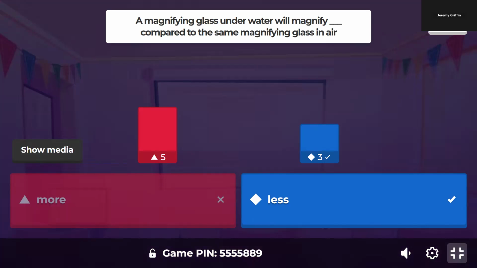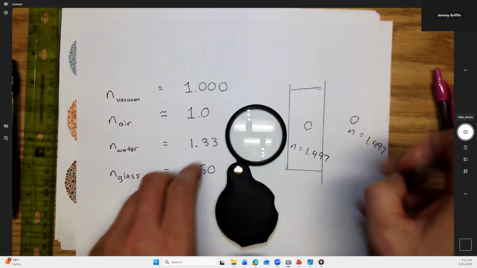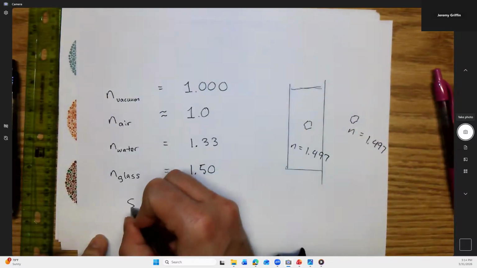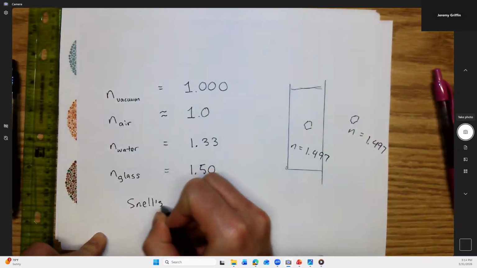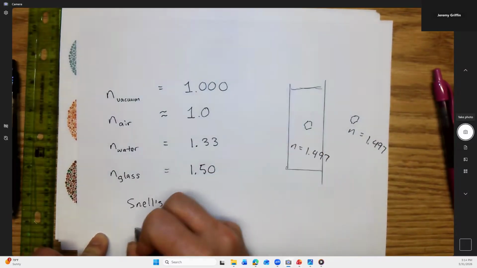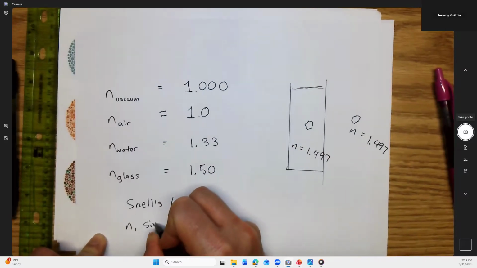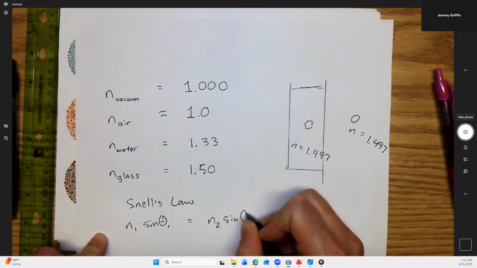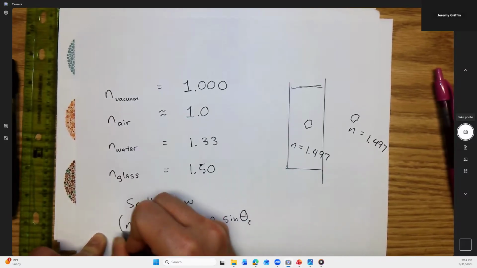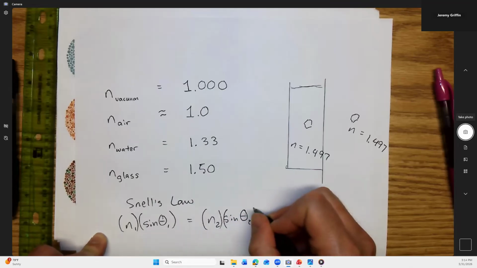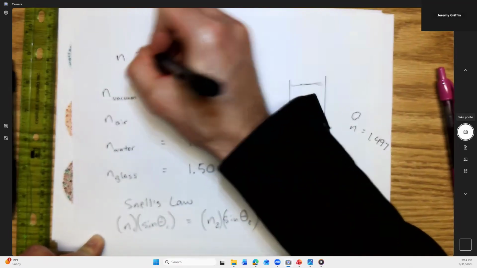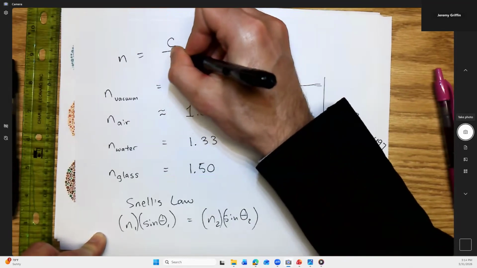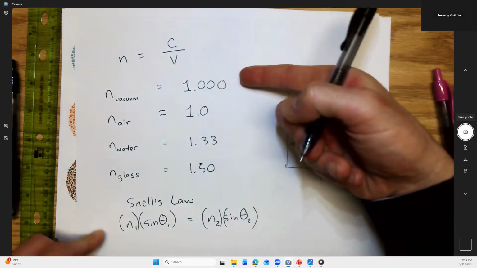It doesn't work as well. Okay, let me back this up with Snell's law. You guys remember Snell's law? It goes n1 sine theta 1 equals n2 sine theta 2. Index of refraction, of course, is the speed of light in a vacuum compared to the speed of light inside this particular material. So for vacuum, of course, it's 1.